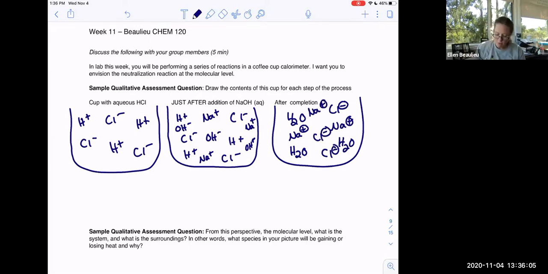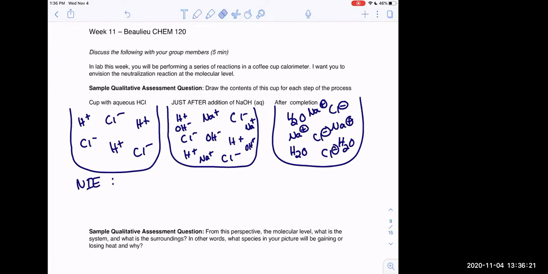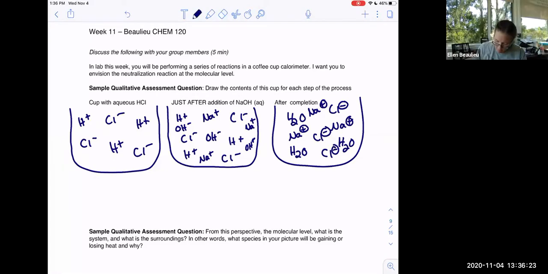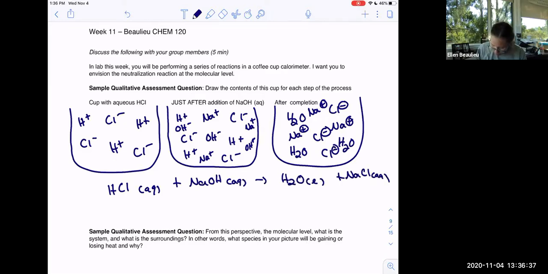So overall, what is the NIE for this process? Maybe I'll start with the BME. The balanced molecular equation is hydrochloric acid plus sodium hydroxide yielding liquid water and sodium chloride.